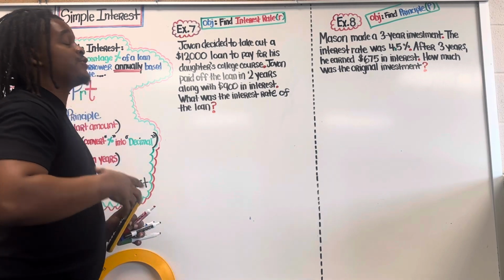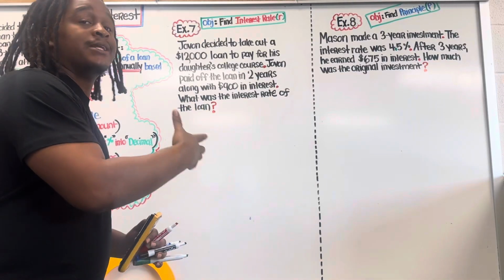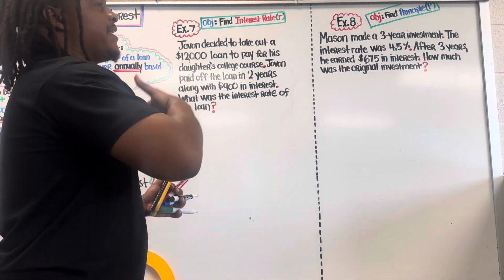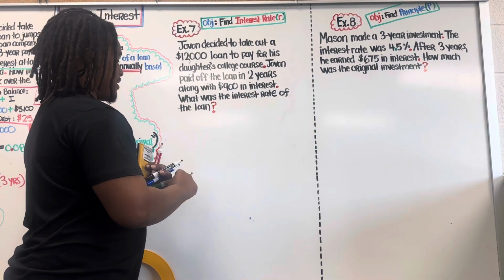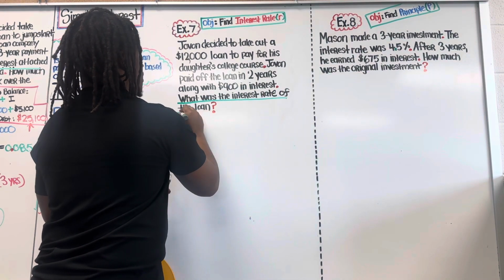So not only did he pay $12,000 back, he paid an additional $900 due to the interest that was added to the loan or added to the debt that he was paying back, however you want to say it, right? So the question is asking, guys, what was the interest rate of the loan?